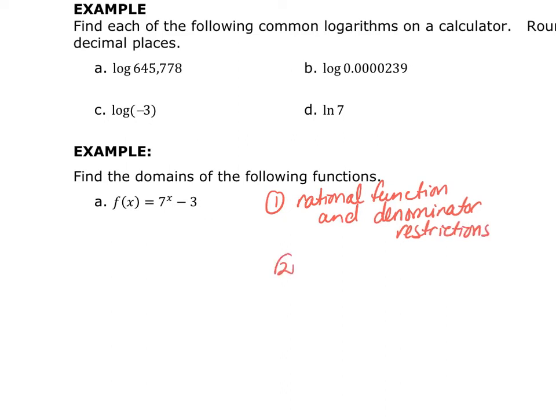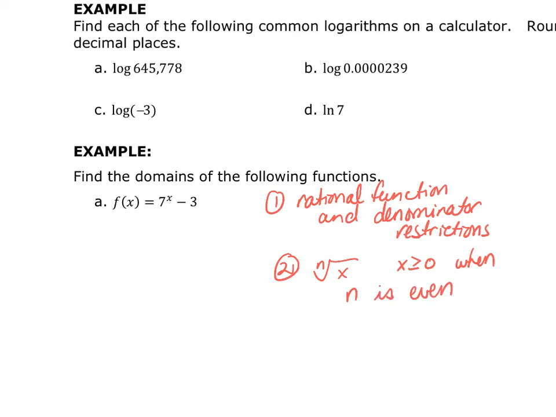The second time I have a domain restriction is when I am taking the nth root of something, like the nth root of x, and I can't have whatever's underneath the radicand be less than 0. So whatever's underneath the radicand has to be greater than or equal to 0 when n is even.